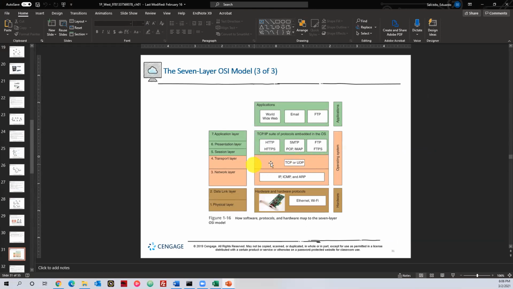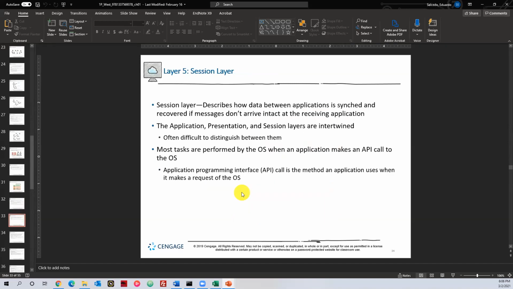So this part here, where we're making a connection, would be the transport layer. The network layer is where we're doing these things, right? This is just hardware.